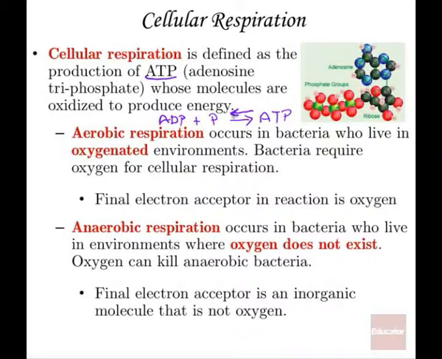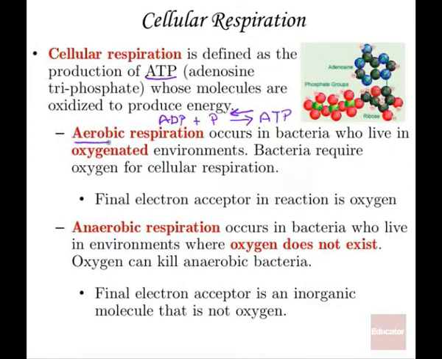Depending on which direction we're going in tells us whether we have to add energy or whether energy is produced or liberated, so to speak. This is constantly going back and forth depending on the cell, process, organism, or conditions. All organisms engage in this process of going back and forth between ADP and ATP.